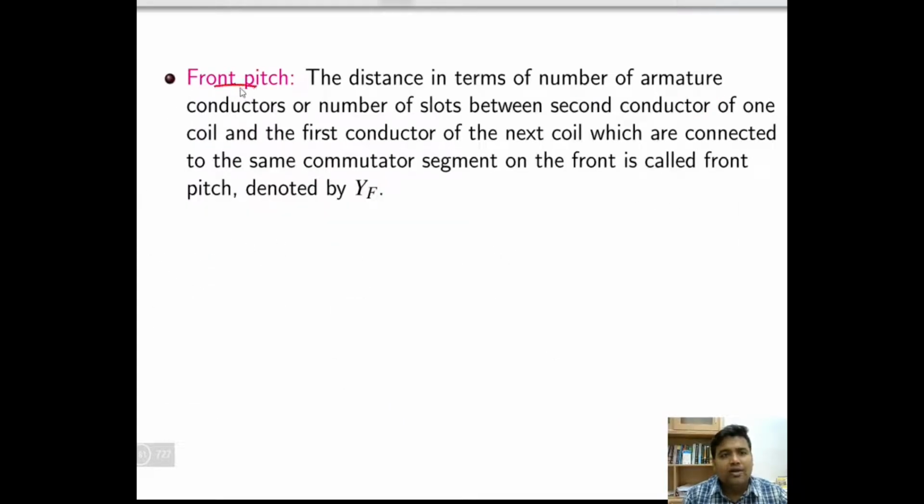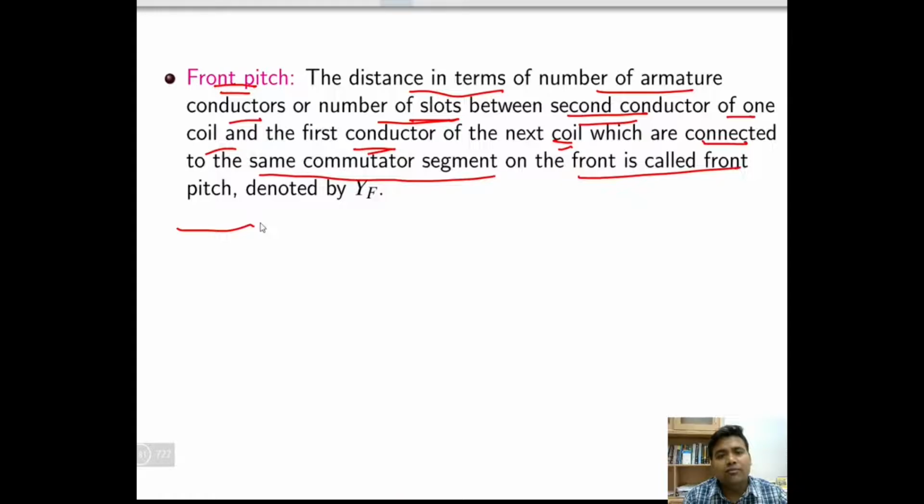So what is the front pitch? It is the distance, in terms of the number of armature conductors or number of slots, between the second conductor of one coil and the first conductor of the next coil, which are connected to the same commutator segment on the front, and it is denoted by YF.